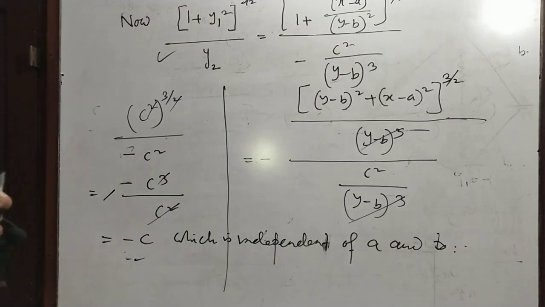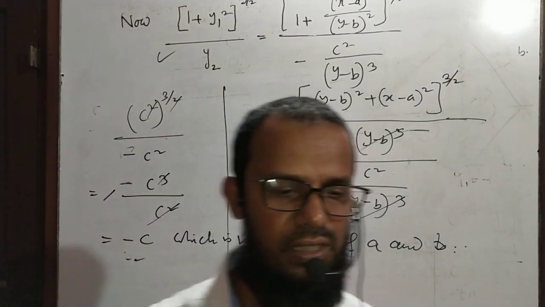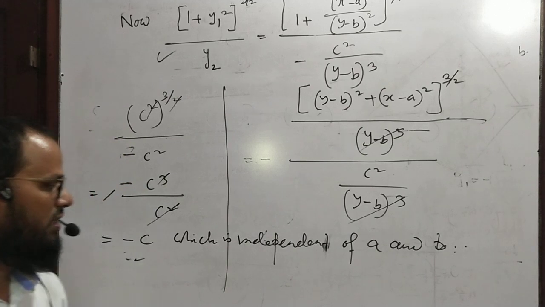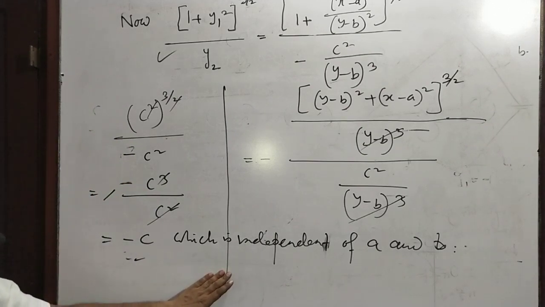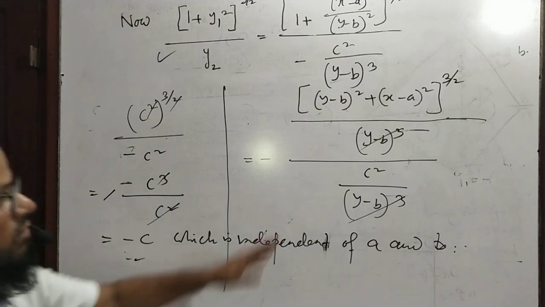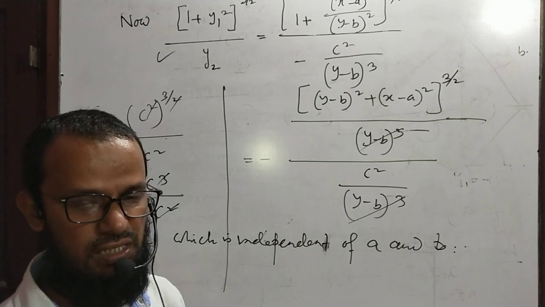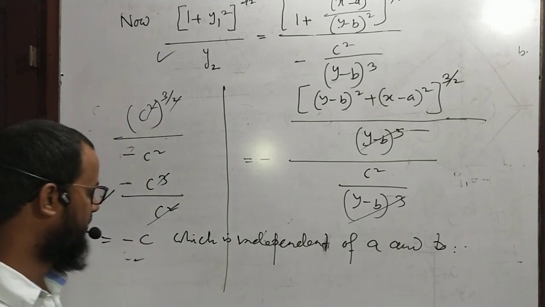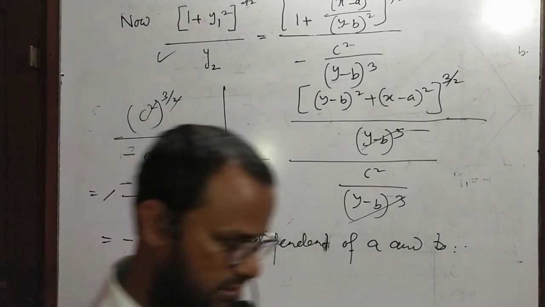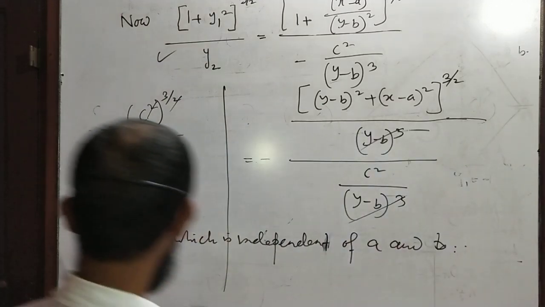I think you understand. Little lengthy problem, but in practice I hope you can solve the problem very easily. There will be no doubt for you, and at least 2-3 times practice this particular problem. How this figure is coming, some calculation is required. 3-4 times practice, then your idea will be clear in this particular problem. Hope you understand. Okay, then I move ahead with another problem today.